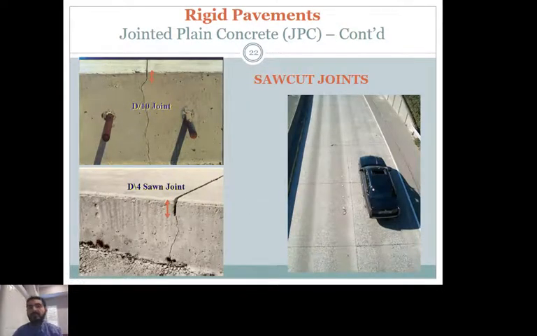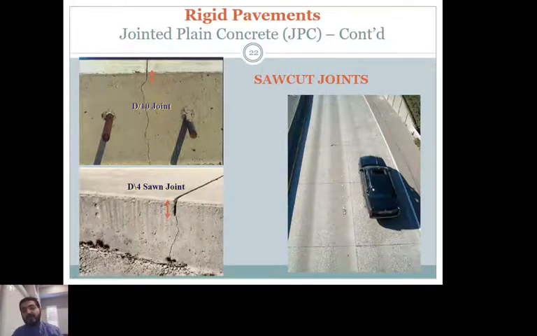What happens for jointed plain concrete? We have to do what we call saw cut joints. Basically, after we pour in concrete, in order to minimize random cracks, we apply a saw cut joint, which is actually what I like to call a man-made crack.